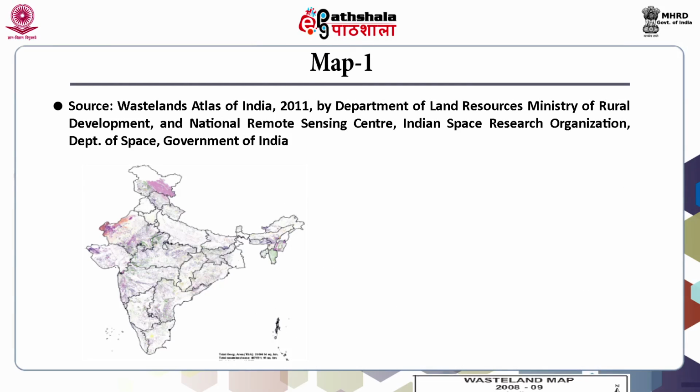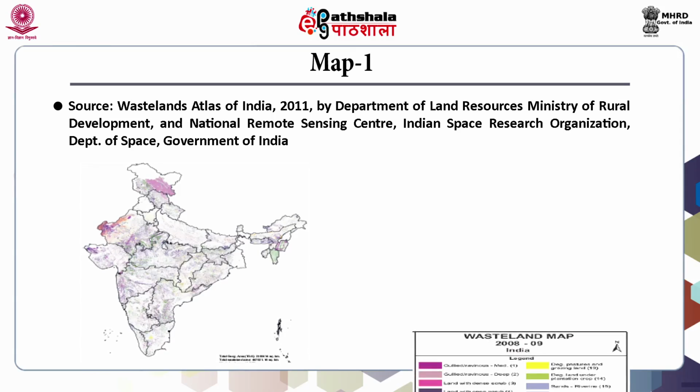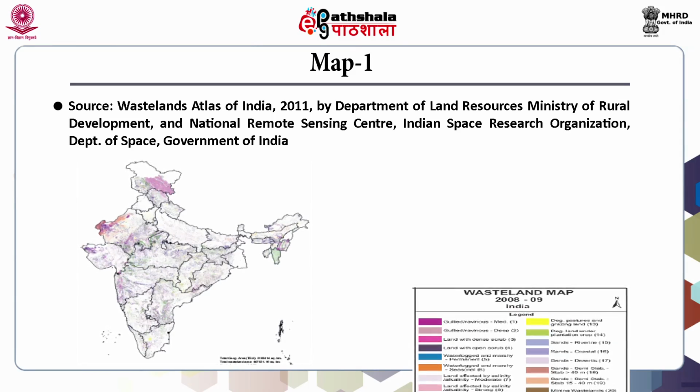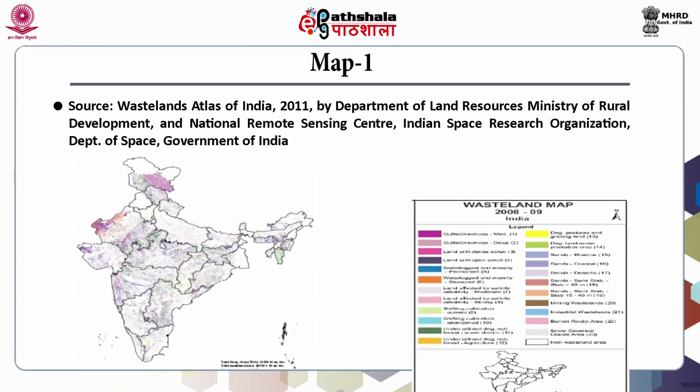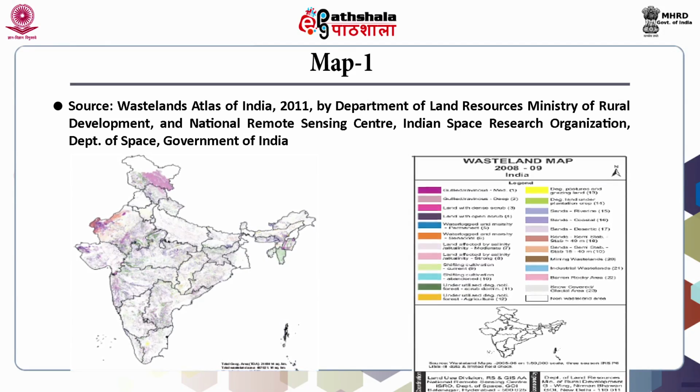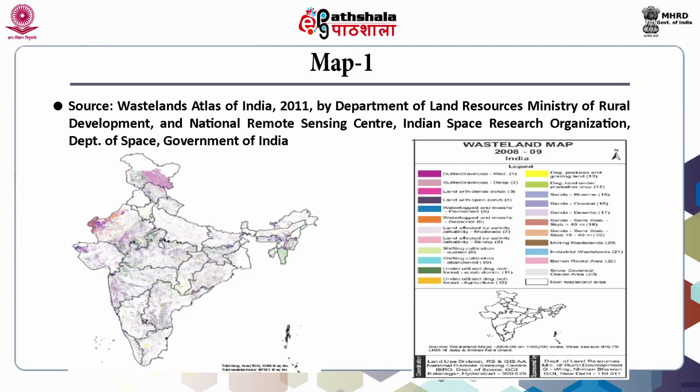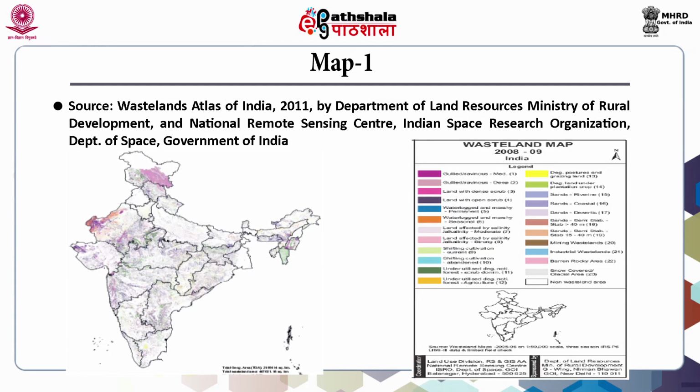2005-6. Here we can see the map with different colors, and the legends of the different colors are shown on the right side, where the different states with different colors show the wasteland map of India 2008-9.